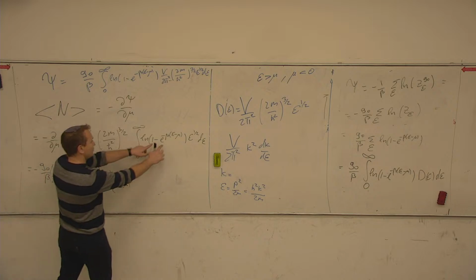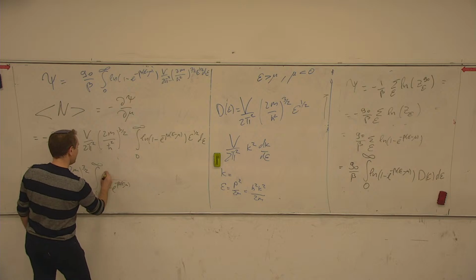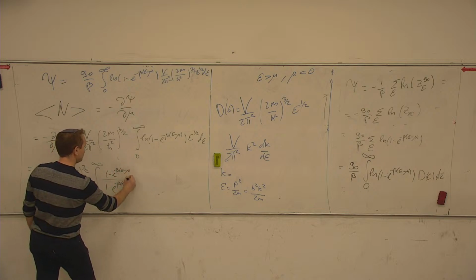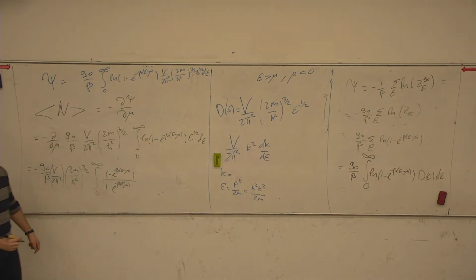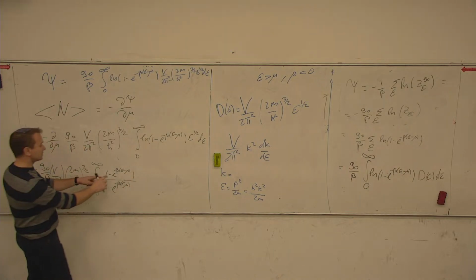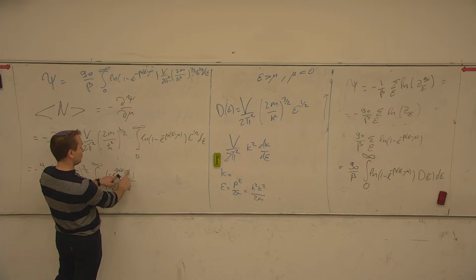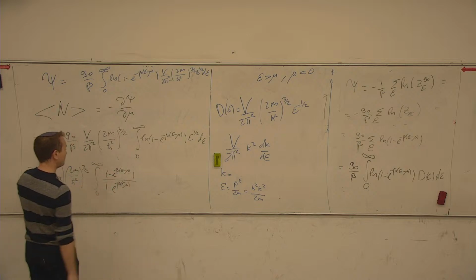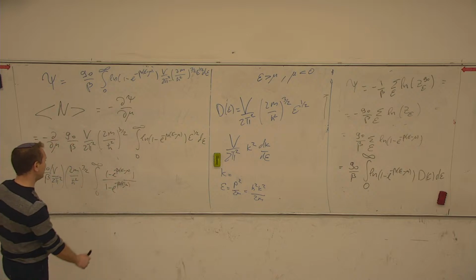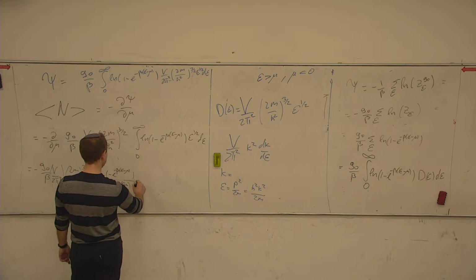I have from this minus e to the power minus beta (epsilon minus mu). And the last derivative is with respect to mu, so I'm going to have beta over here.